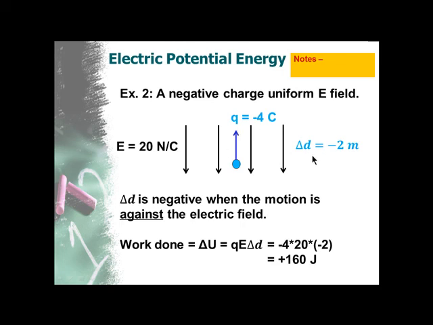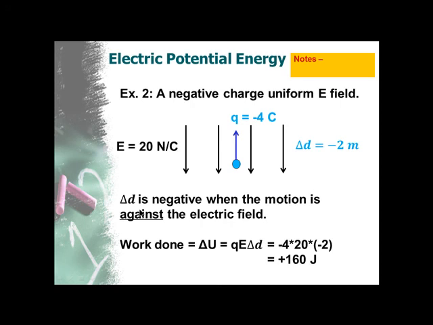So how do I treat that as far as calculating the amount of distance it has traveled? Well, actually, since it's going against the electric field, I have to use a negative displacement. So my delta D, that's the amount of displacement, is negative when the motion is against the electric field.